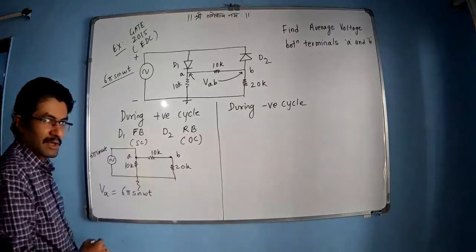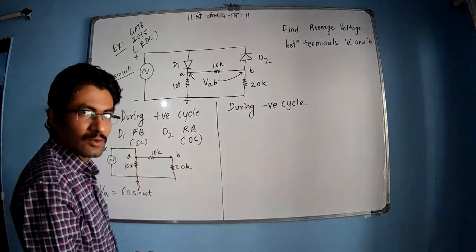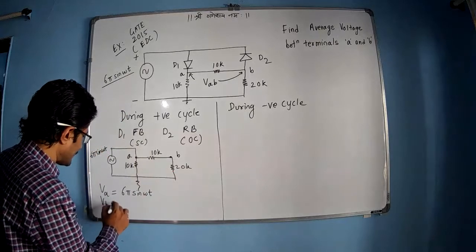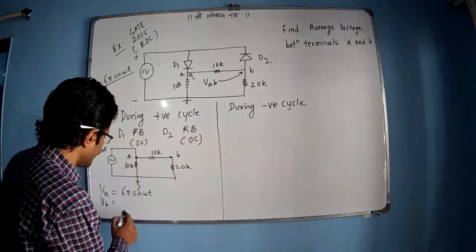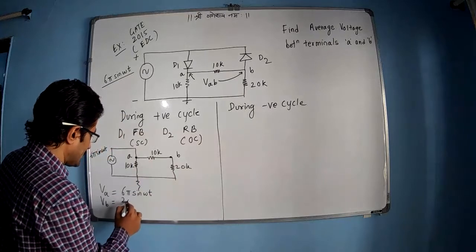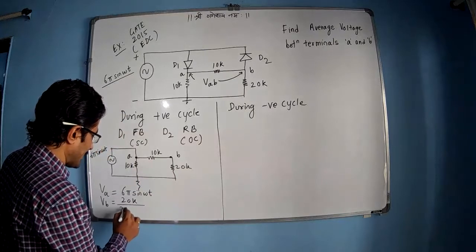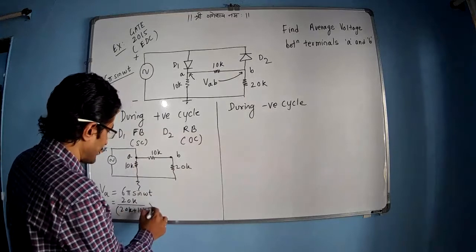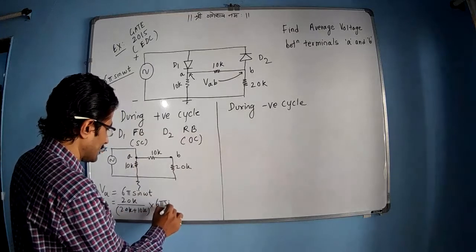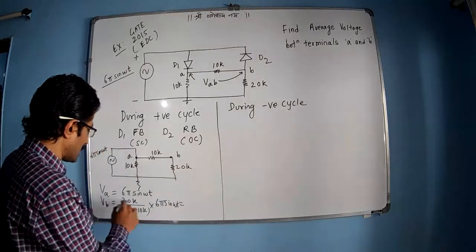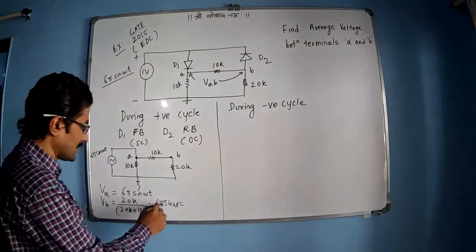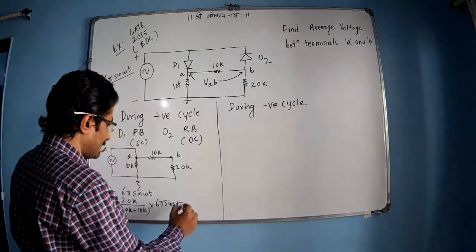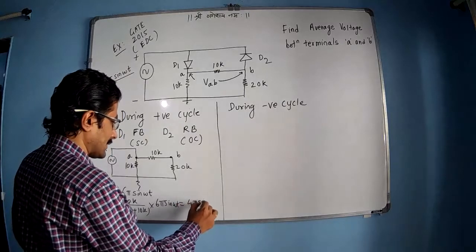Here we can apply the voltage divider rule. VB will be 20k divided by 20k plus 10k, multiplied by the total voltage 6π sin ωt. So VB will be 2/3 into 6π sin ωt, that means 4π sin ωt.